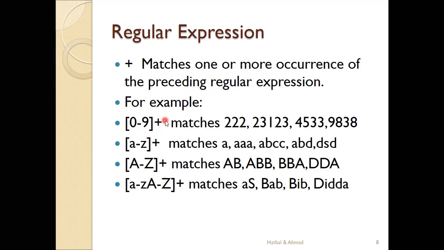So this plus indicates that we can choose a digit from this character class. A digit can be 0, a digit can be 1. In this way, you can select any digit from 0 to 9. In particular, I'll say it is a digit, because 0 to 9 is a digit.